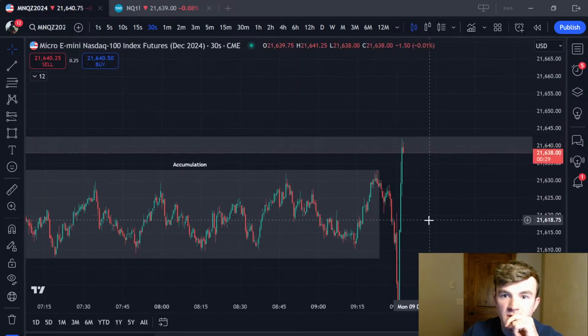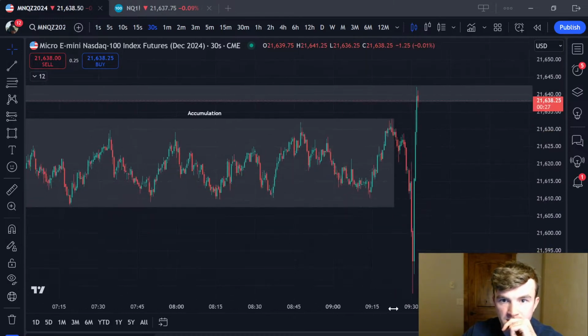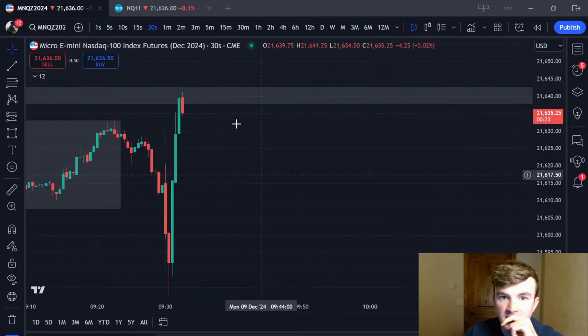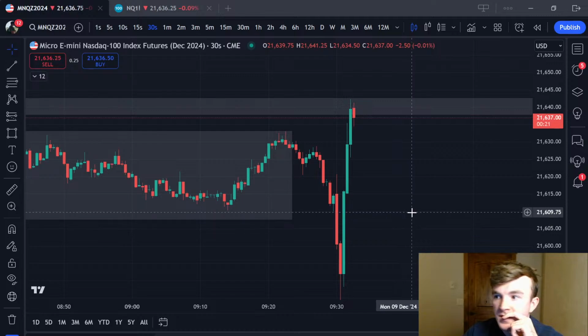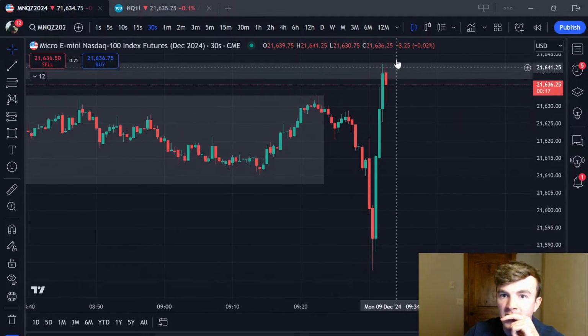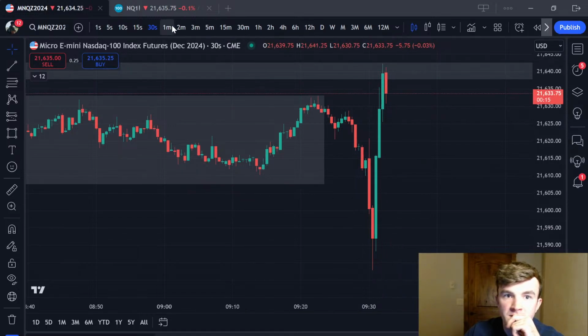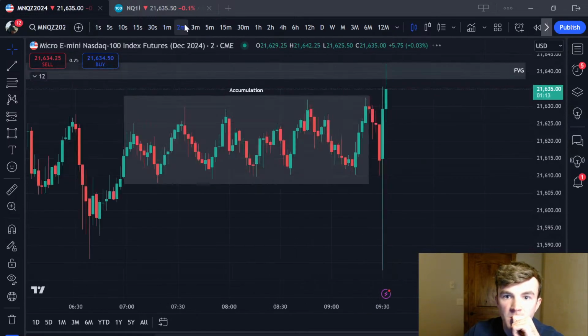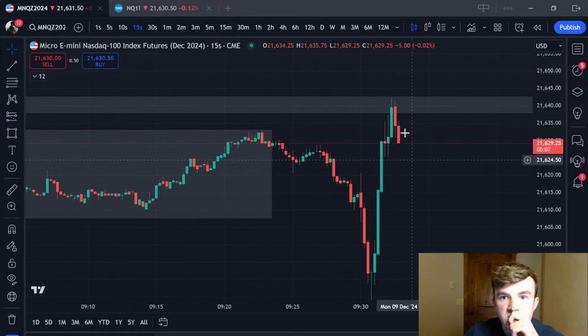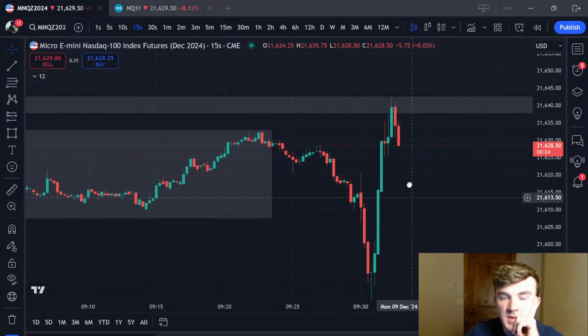So maybe we're going to distribute up here. No, I think we're going to manipulate here, actually. So we are tapping into that new day opening gap and that midnight open. It's exactly where I was thinking we would tap into.